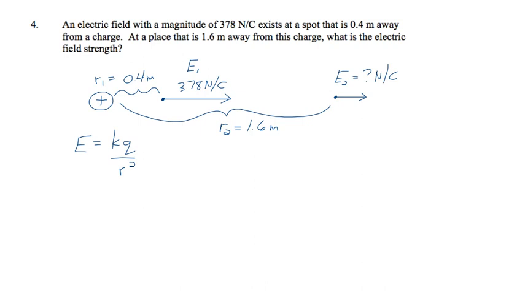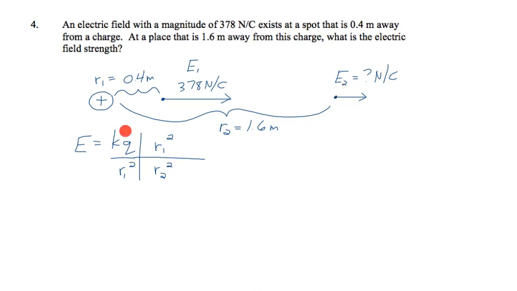I'm going to say, okay, that's R1. Extend my line and go from R1 squared to R2 squared. Because if I do this, the R1s will cancel out, and I'll get KQ over R2 squared, which I know is the electric field right there.